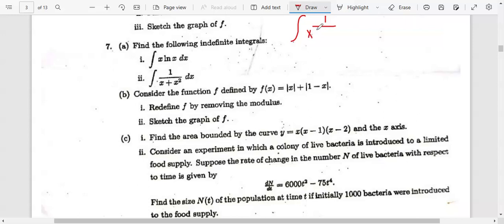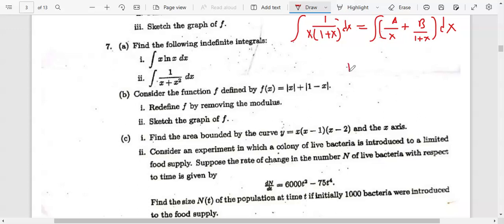So this is the same as 1 over x open brackets 1 plus x dx. So this should be expressed in the form a over x, which is what is in the denominator, plus b over 1 plus x dx.